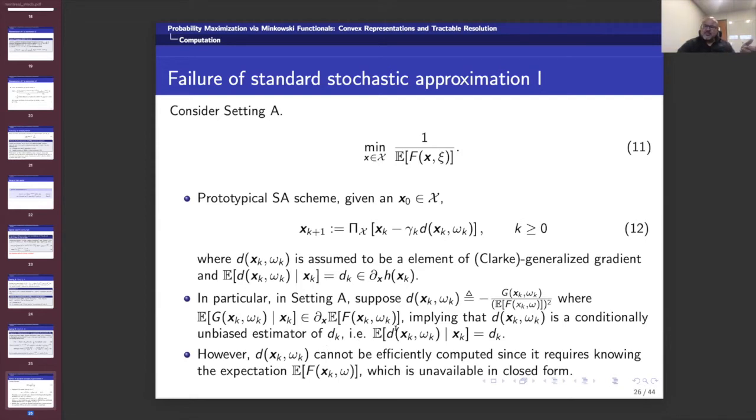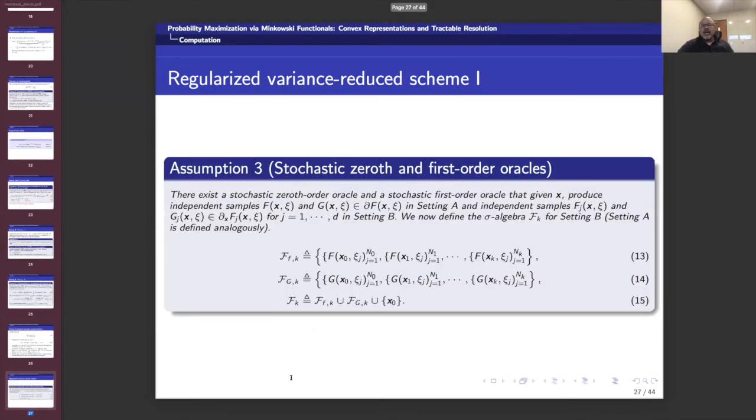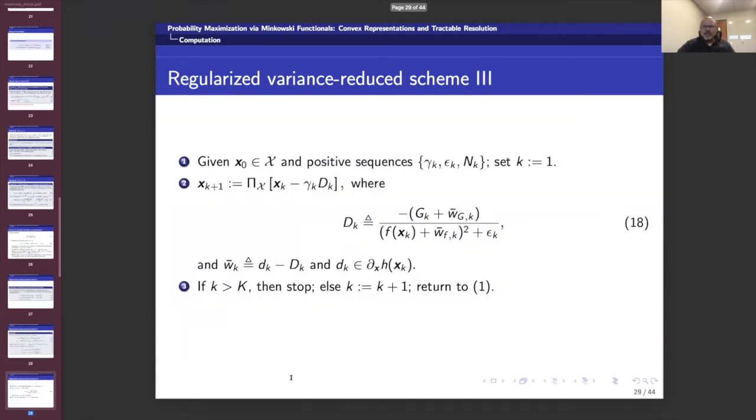But the problem is to compute it, you need access to the expectation, and you don't have that. Which means that you cannot efficiently compute a conditionally unbiased estimator, right? So this problem is afflicted with bias from that standpoint, and what you need to do is use a different avenue. Let me first talk about the avenue, and then I'll go back to the assumptions.